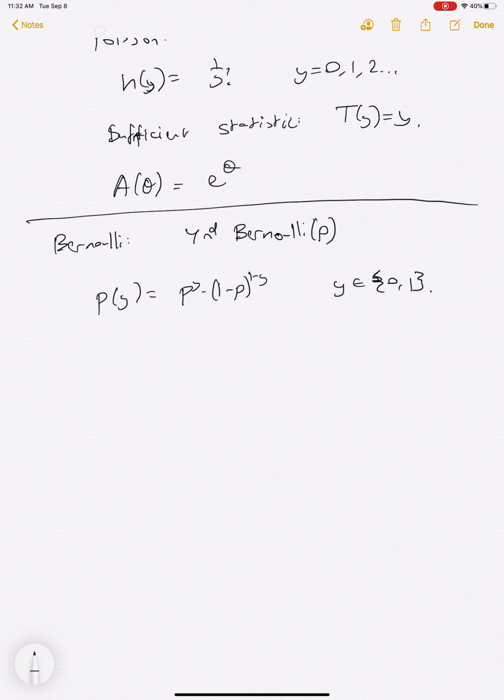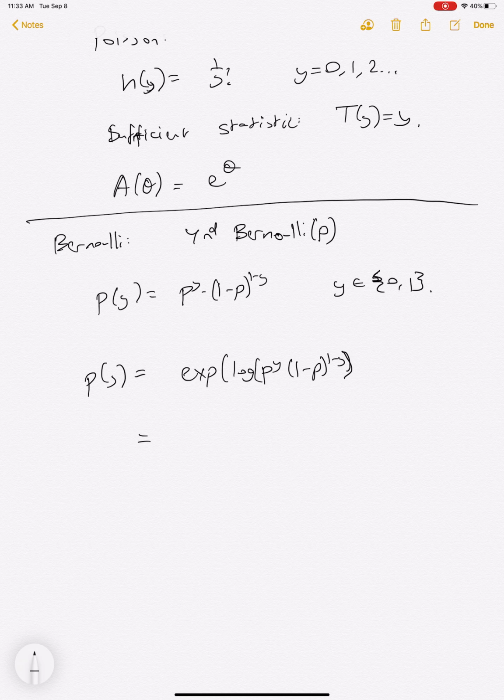And so again, if we want to exponentiate this, we can take logs and then take exponentials, so we can rewrite this as exp of log of p to the y times 1 minus p to the 1 minus y.